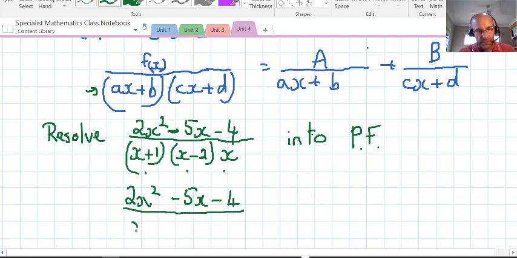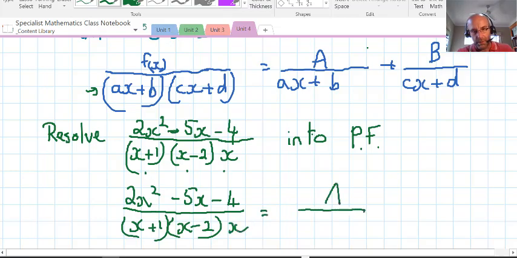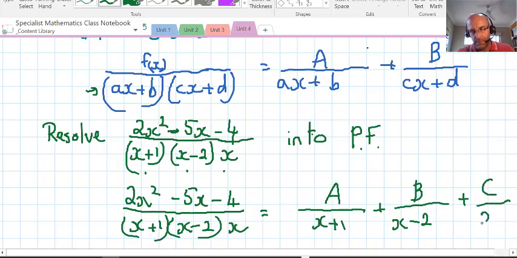So let's go ahead and do that. So x plus 1 on the denominator there, so we have b, and x minus 2 on the denominator, we have c. Do you see? I hope so. It's just a slight extension, okay?